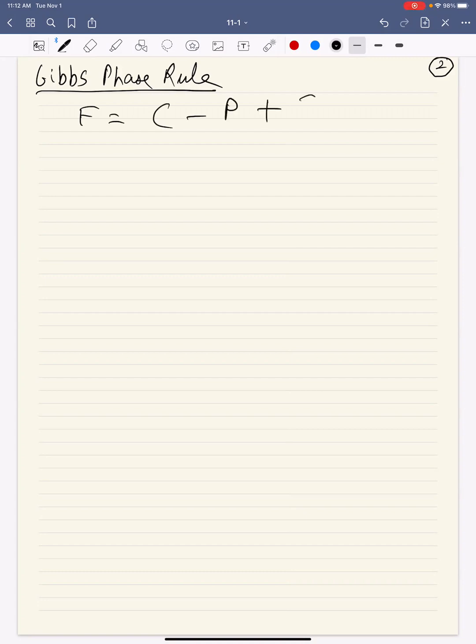So today we are going to talk about something known as Gibbs phase rule, which is really the starting point to talk about phase diagrams. I'm going to state the Gibbs phase rule, and then we will work through its proof.